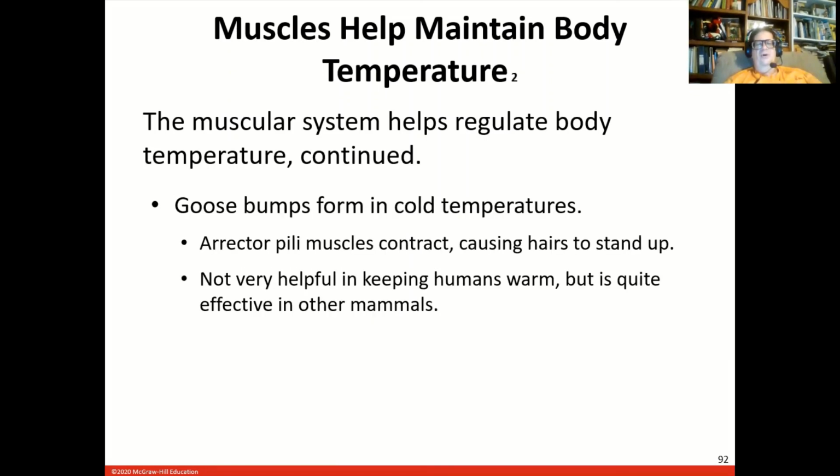If you are really cold, you also can get goosebumps. Now, that doesn't do squat for us because we don't have enough hair, but it is a leftover of the erector pili muscles pulling on the hair follicles to stand the hair up. Why would that be useful?